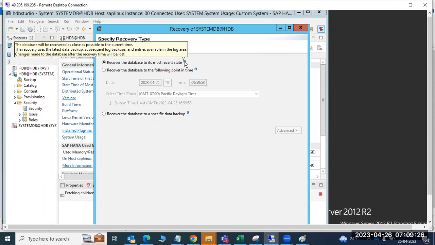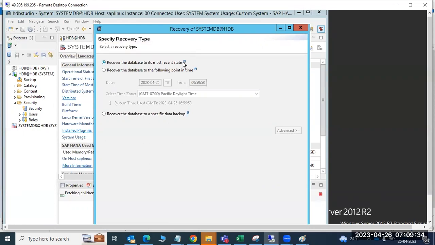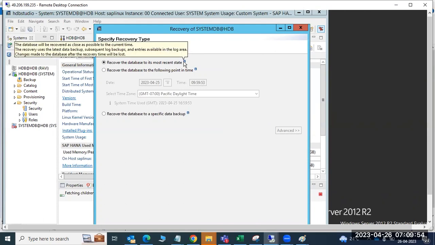The recovery uses the latest data backup and subsequent log backups, and entries that are available in the log area. So that will be used when you are taking the most recent state: data backup, log backups and log area.